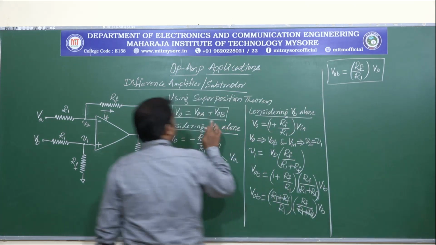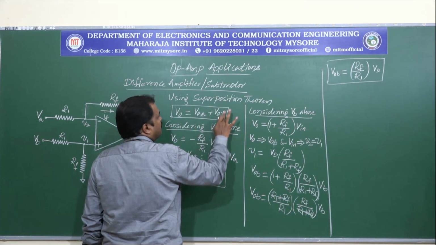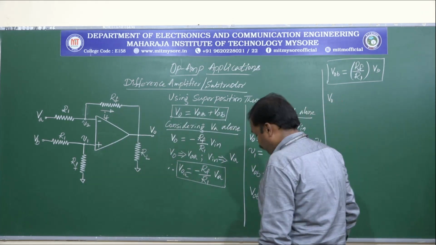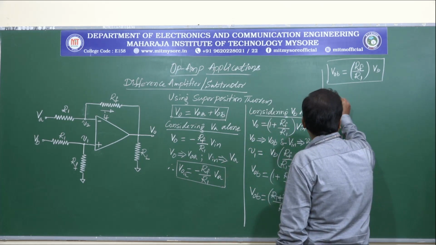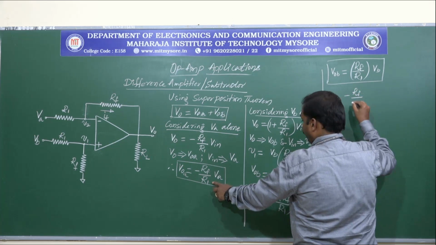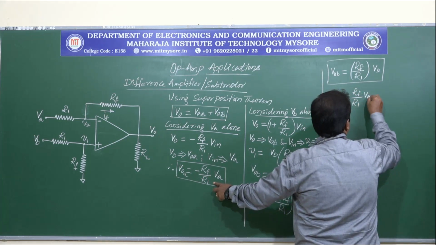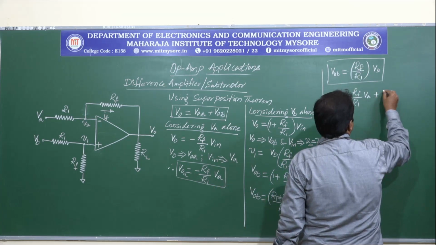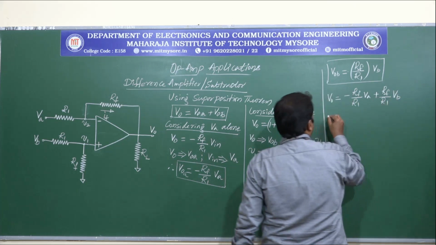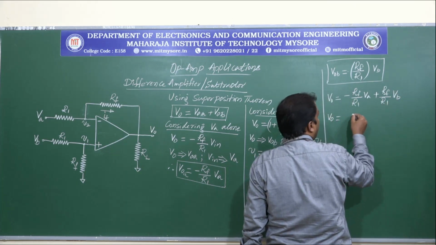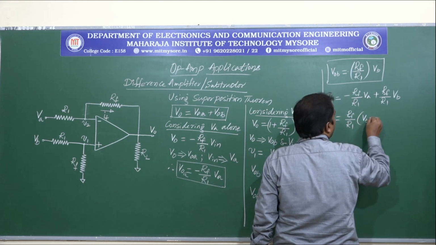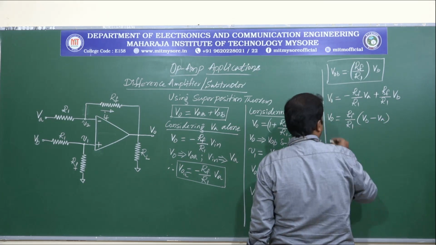So let me rewrite this, and V0 is given by this one, minus RF by R1 into VA, and this one plus RF by R1 into VB. So V0 can be written as RF by R1 into VB minus VA.